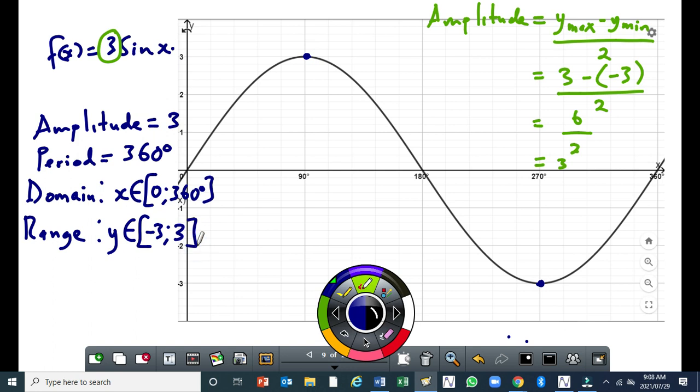All right? So that's what you are supposed to have as part of your answer to the first question. Just allow me to label this graph: f of x equal to 3 sine x. Okay, so that's what you're supposed to have done.